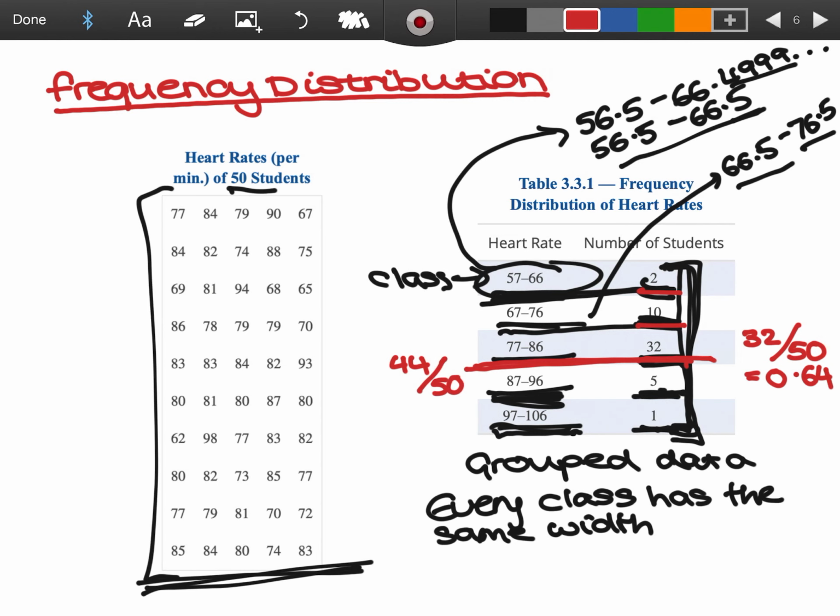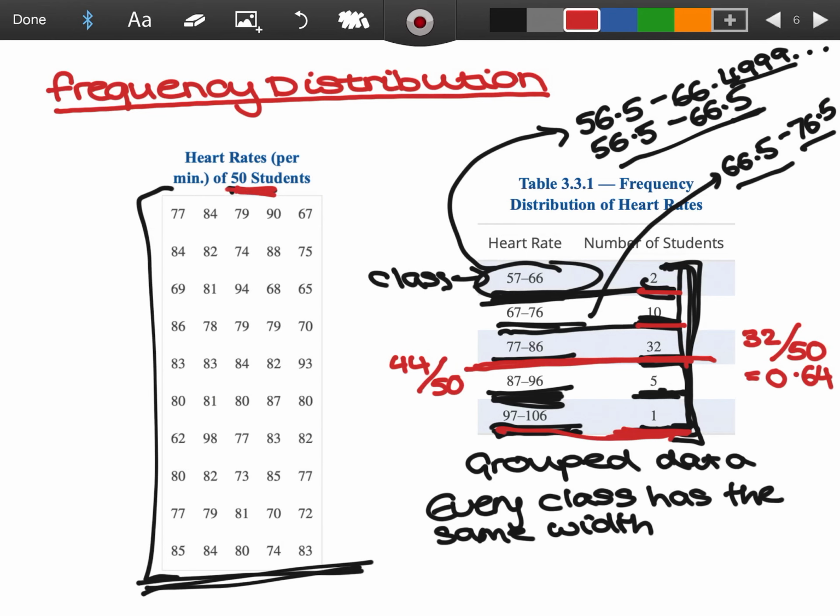Okay? If you go through this, you should find that for this last class, it should equal 1 or 100%. Why is that? Well, we know the cumulative frequency of the last class should add up to the total number of people that I surveyed or that I observed.